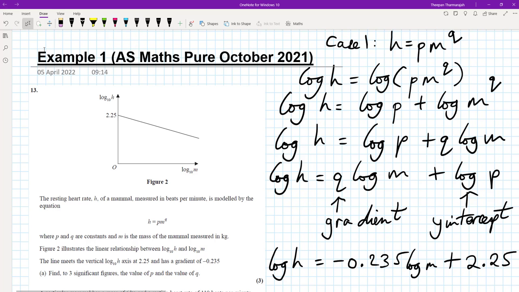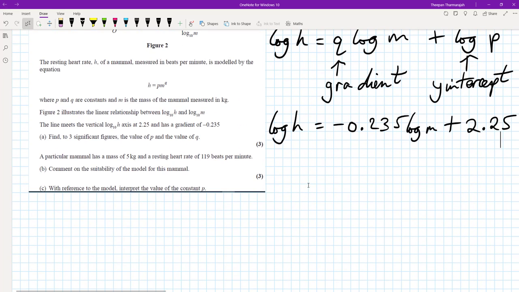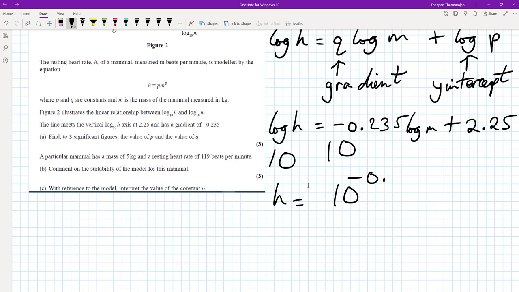So now what we can do, the inverse of a log is called the antilog. Because this is log base 10, we antilog it, so we raise it to the power of 10 on both sides. Now raising to the power of 10 and log will cancel each other, so I'll just get h on its own. 10 raised to the power of minus 0.235 log m plus 2.25.